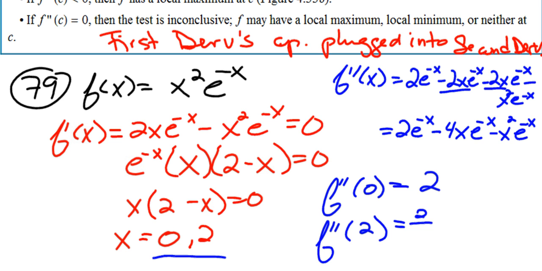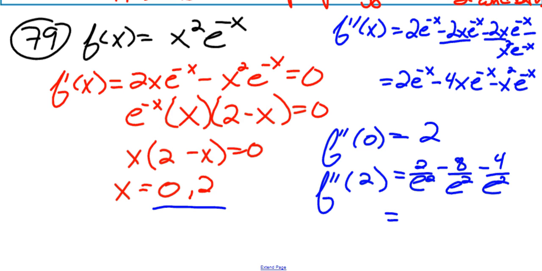I have 2 over e squared minus 8 over e squared minus 4 over e squared. And if we keep going from there, I do have negative 10 over e squared.